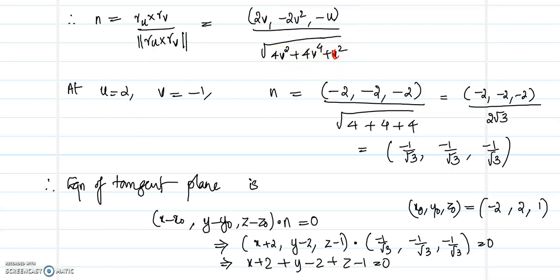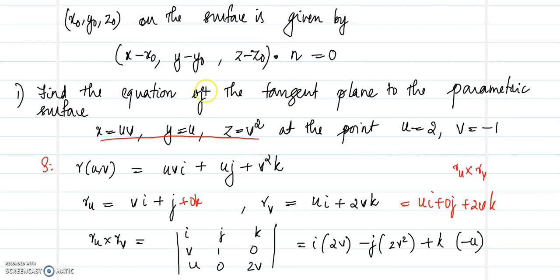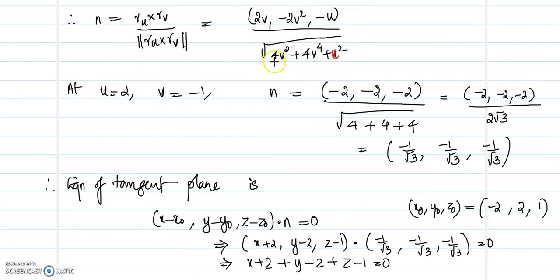Now we need to obtain the equation of the tangent plane at the point u equal to 2, v equal to minus 1. So let us substitute the values of u and v into the normal vector.